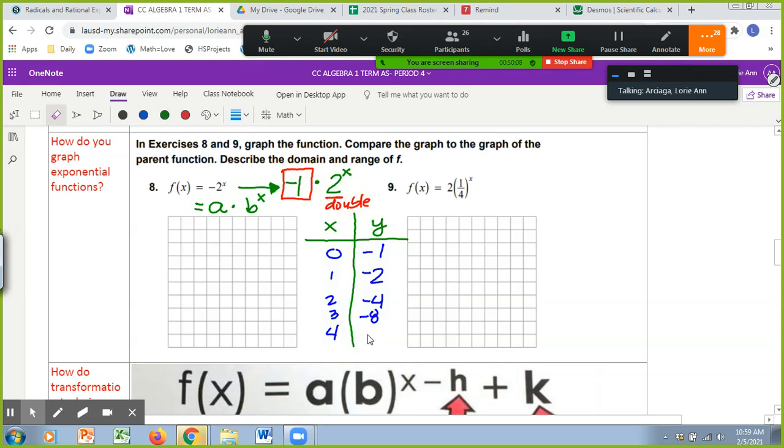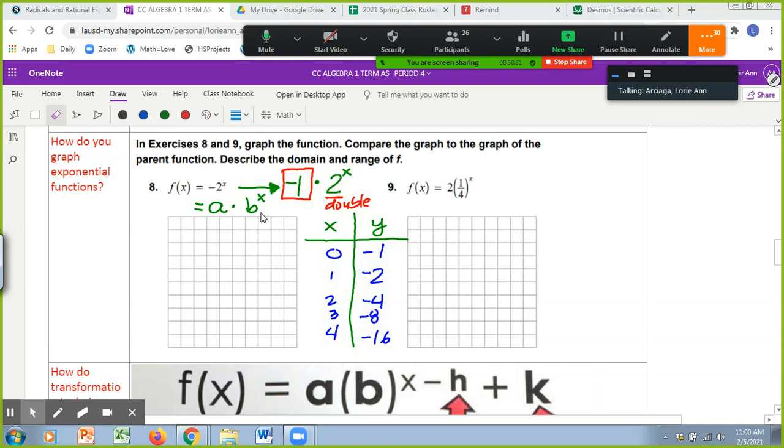Very good. By 2. -8 times 2. -16. That's great.